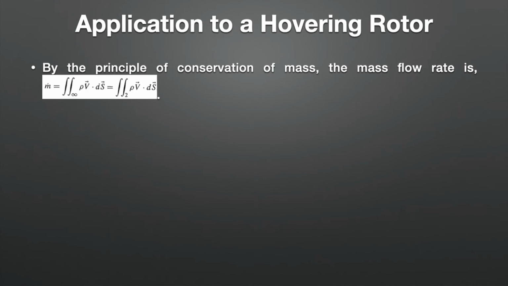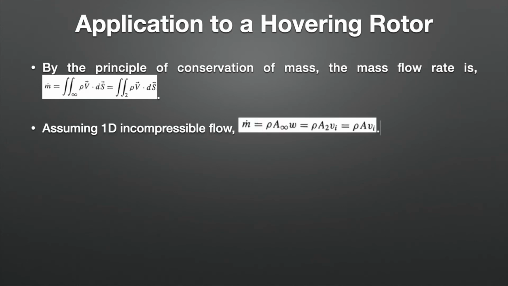And now we assume that it is one dimensional incompressible flow. This reduces the equation to m dot is equal to rho A into w. Here A can be at the vena contracta region, or it can be at the second plane, cross section 2 region. In general, rho A into Vi.